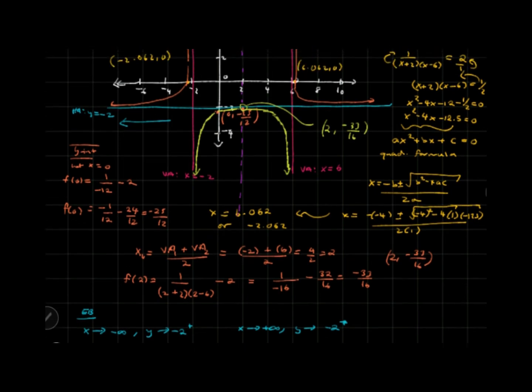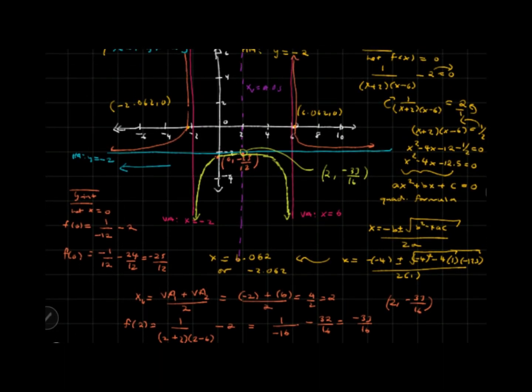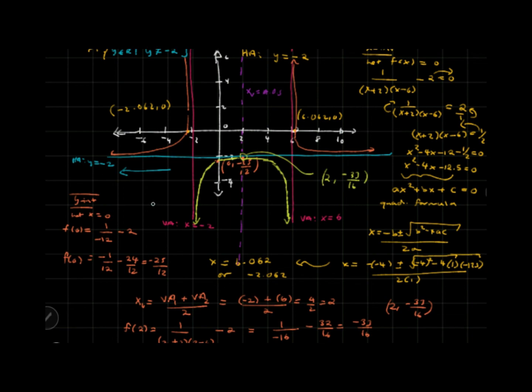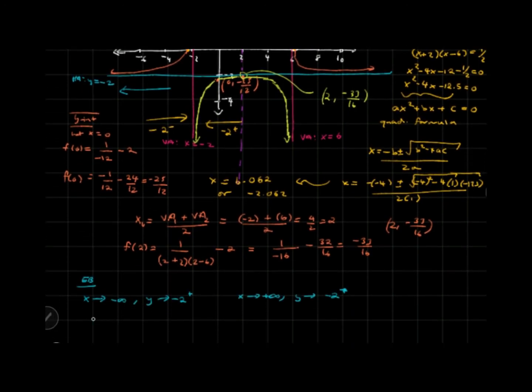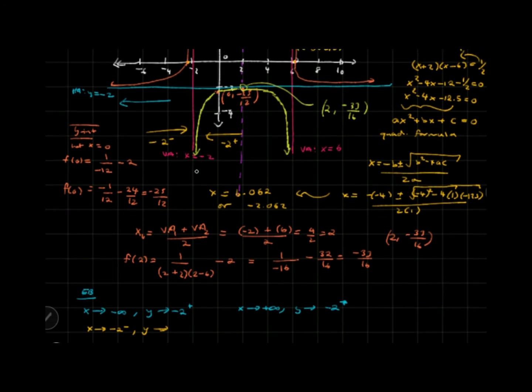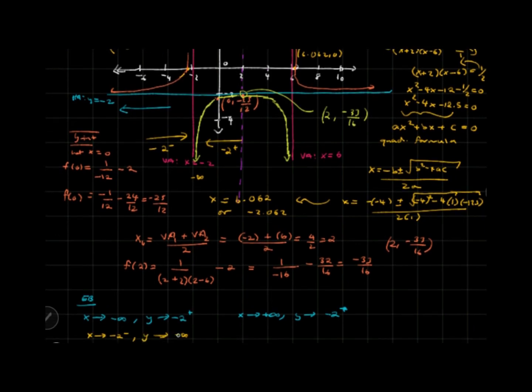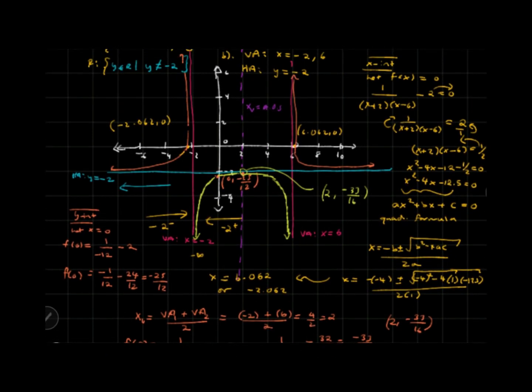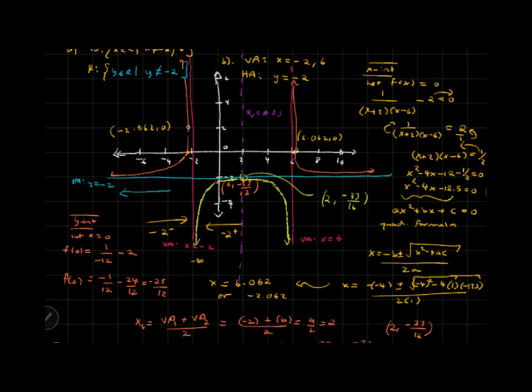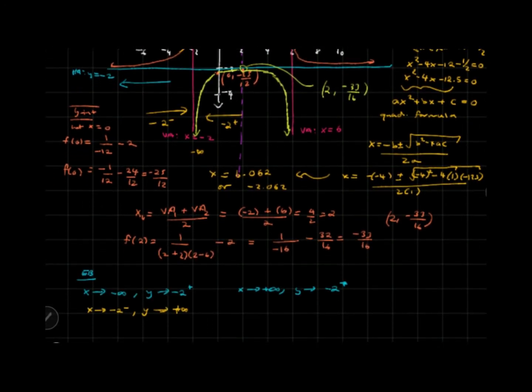Now let's approach the vertical asymptote. I'm going to use a different color. You can approach the vertical asymptote from the left side of negative 2 and the right side of negative 2. If I approach from the left side of negative 2, y approaches positive infinity, because as we go this way the graph goes upwards.